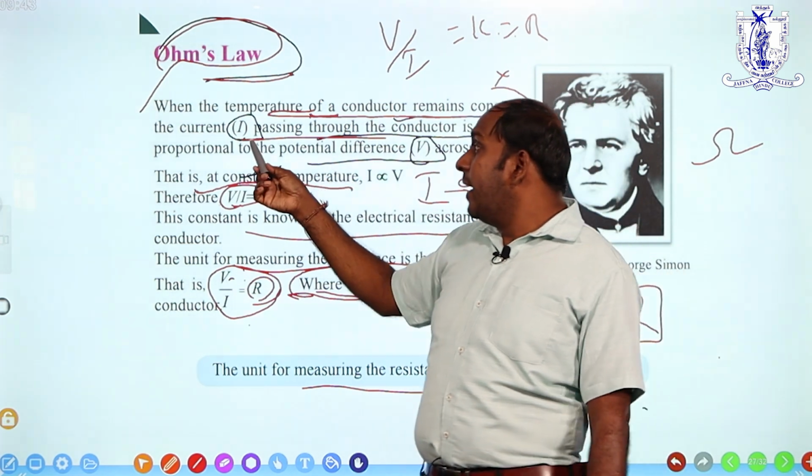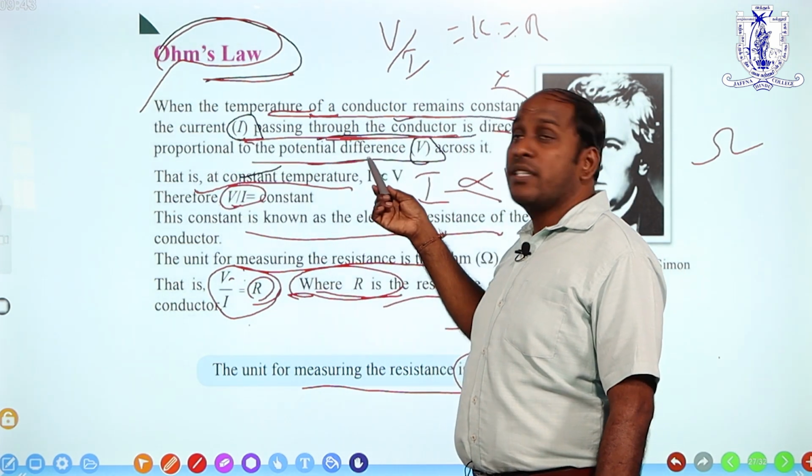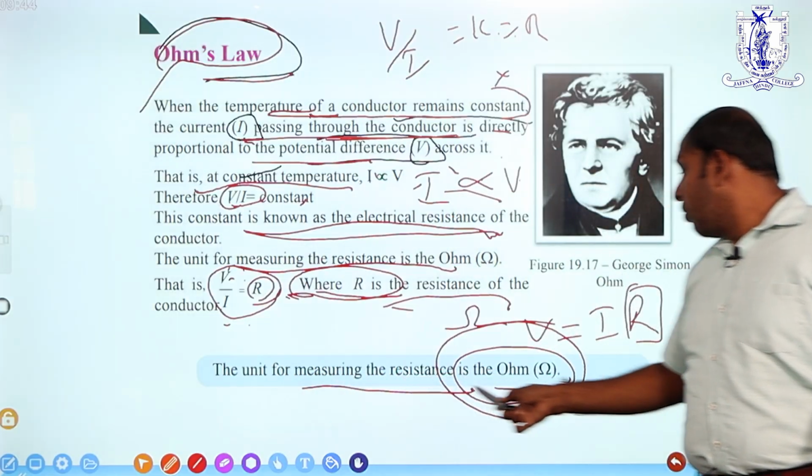The current I passing through the conductor is directly proportional to the potential difference V across it, and V over I is also a constant value. This constant is known as the electric resistance of the conductor. The V over I value is R. R is calculated in ohms.